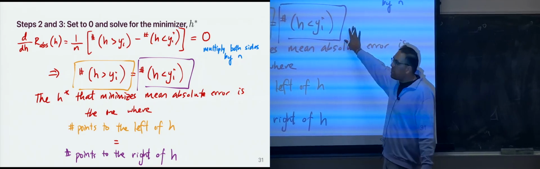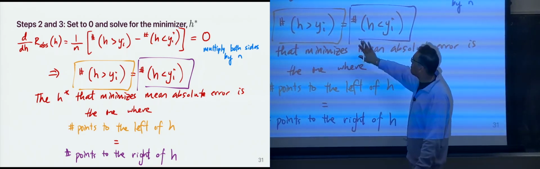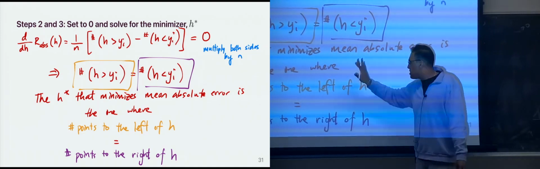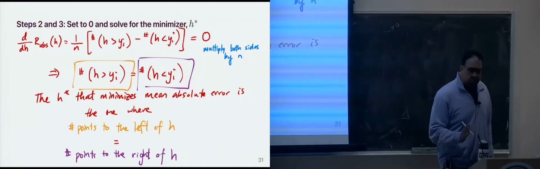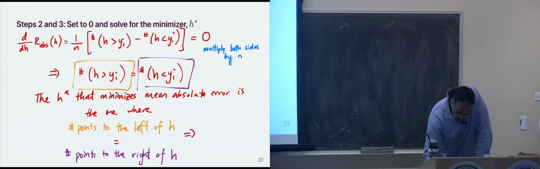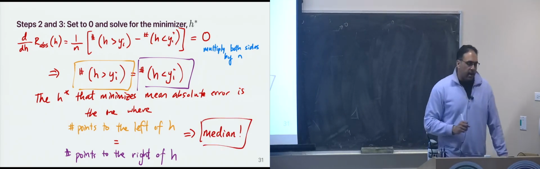That is, it's the one where the number of points to the left of my prediction is equal to the number of points to the right of my prediction. Okay? And what does this resemble? A number where there's an equal number to the left and right. Median. Good. So indeed, the median minimizes mean absolute error.